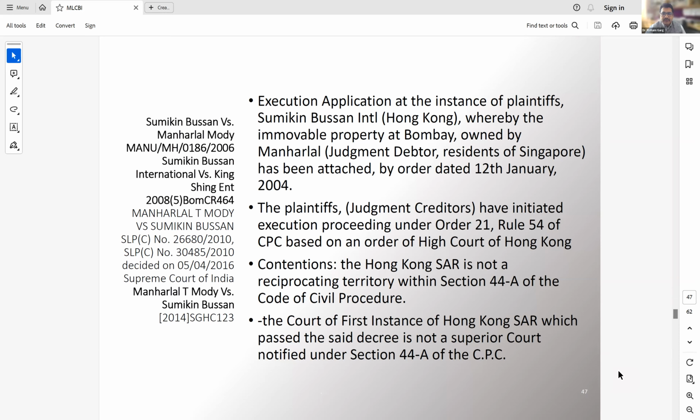Sumikin Busan was the judgment creditor, and had to recover some money from the debtor Kingshing Enterprises. Manohar Lal was the proprietor of Kingshing Enterprises, Hong Kong, and the guarantor. So this was a contract, a transaction in Hong Kong. Sumikin Busan and Kingshing Enterprises both were Hong Kong-based companies. But this Manohar Lal was a resident of Singapore.